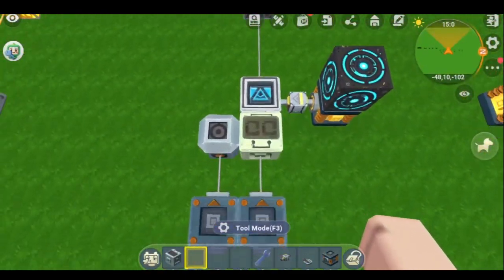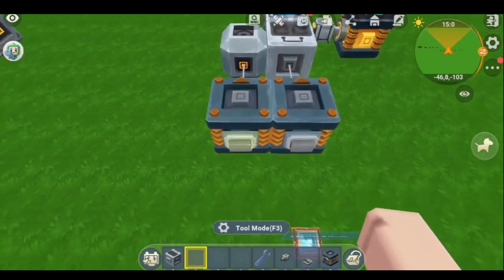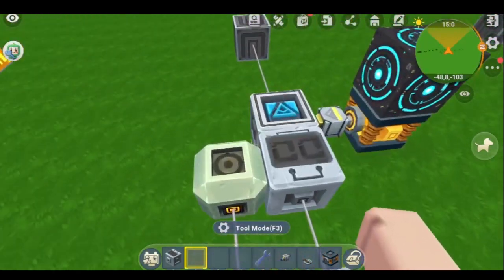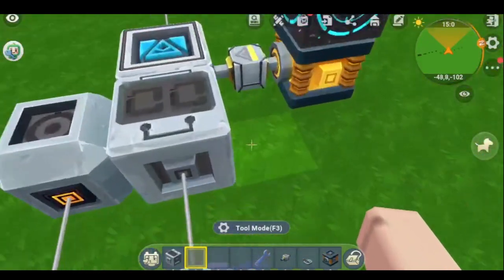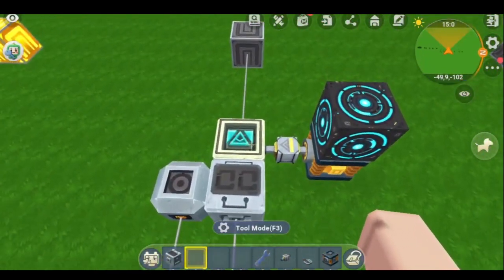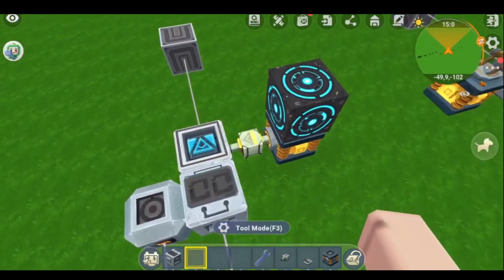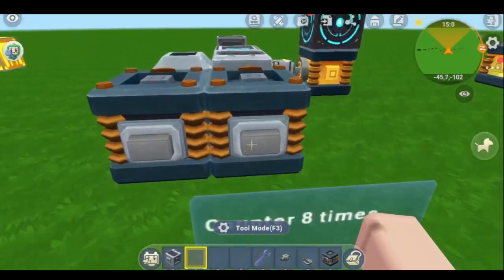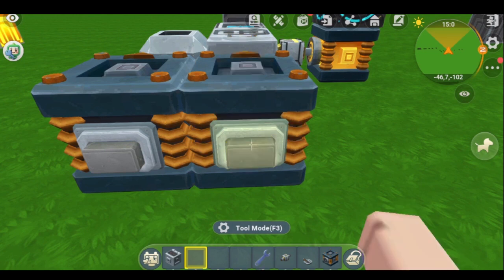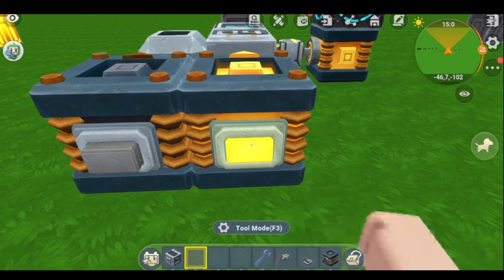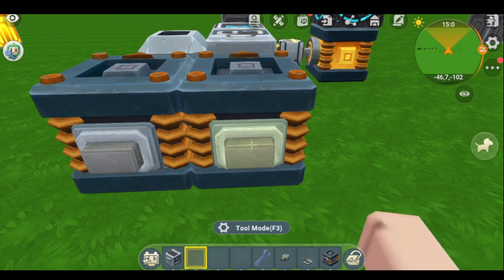If you look at the configuration, what I did is I put this specific button to have energy from the side and this one for having energy from the back. And of course, a permanent comparator that is only going to let the energy cross if you have more than 8 points. Okay, so let's start. 1, 2, 3, 4, 5, 6, 7, and 8.